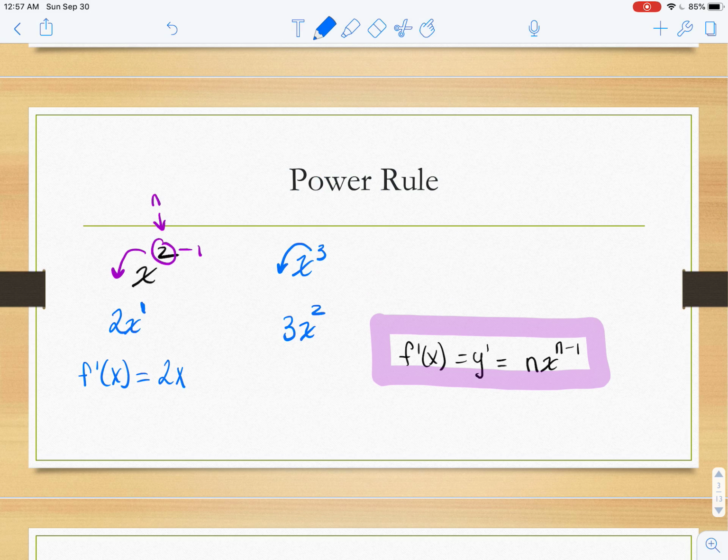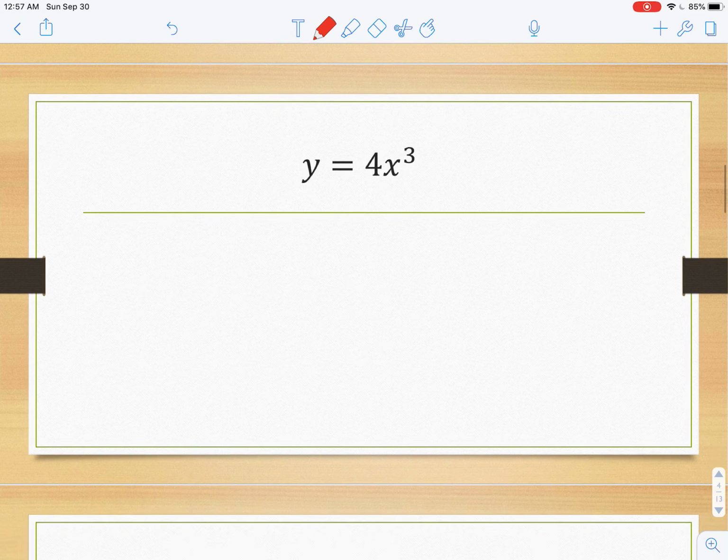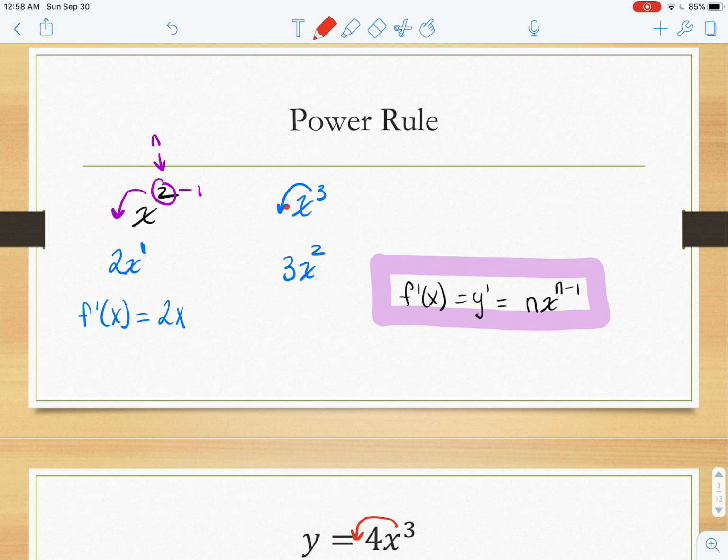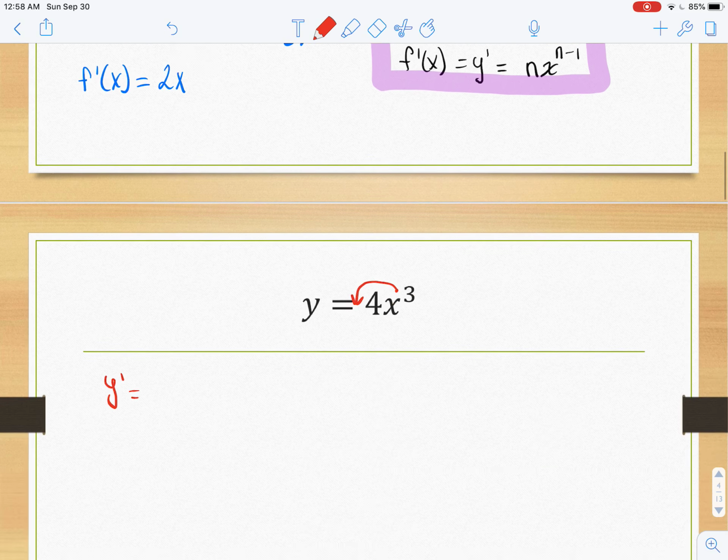So let's do an example. We have 4x cubed. We're going to start off by writing y prime equals, and again, feel free to pause the video and try it yourself. We're going to bring this 3 down to the front. I forgot to say earlier, we multiply the exponent by the coefficient, whatever's down here. With x cubed we brought the 3 down, but in this case we have a 4 in front, that's our coefficient.